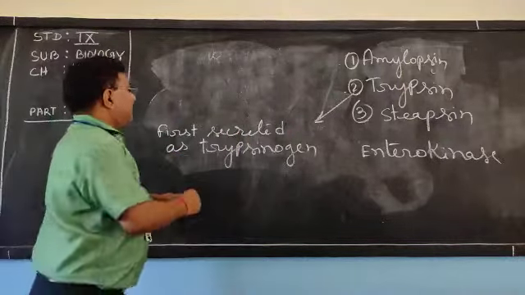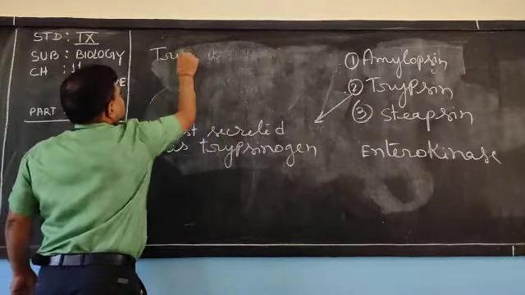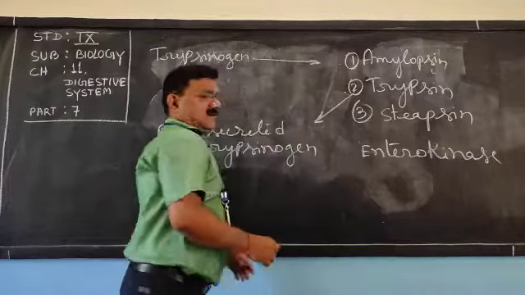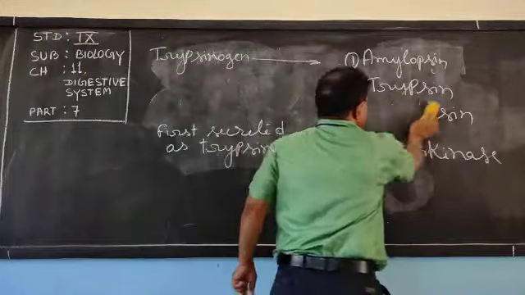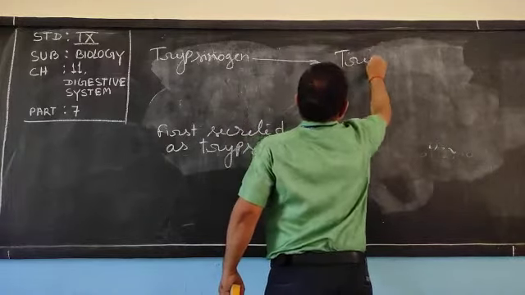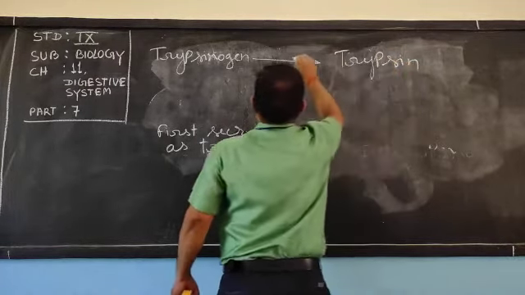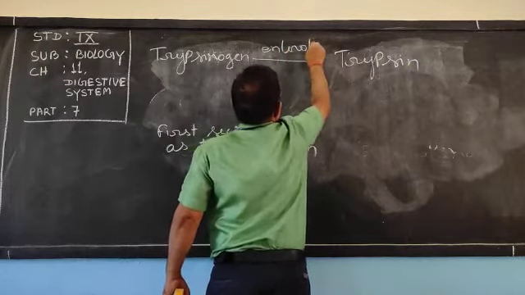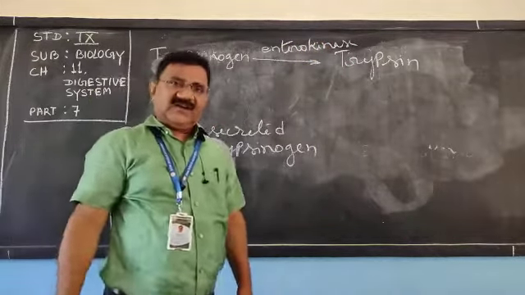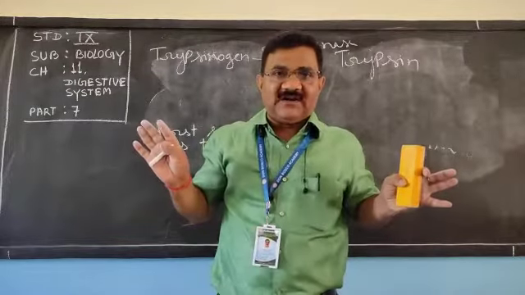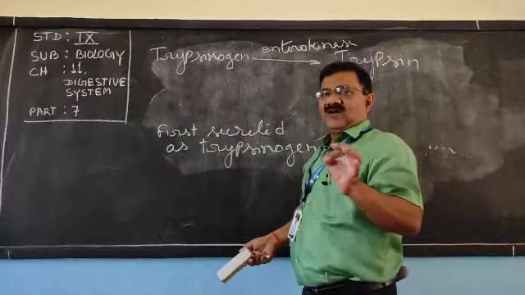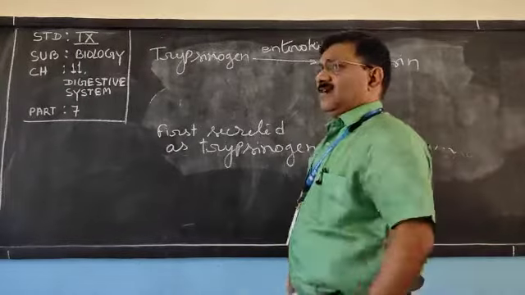Trypsinogen is changed to trypsin with the help of enterokinase, and this enterokinase is secreted by the inner walls of the small intestine.